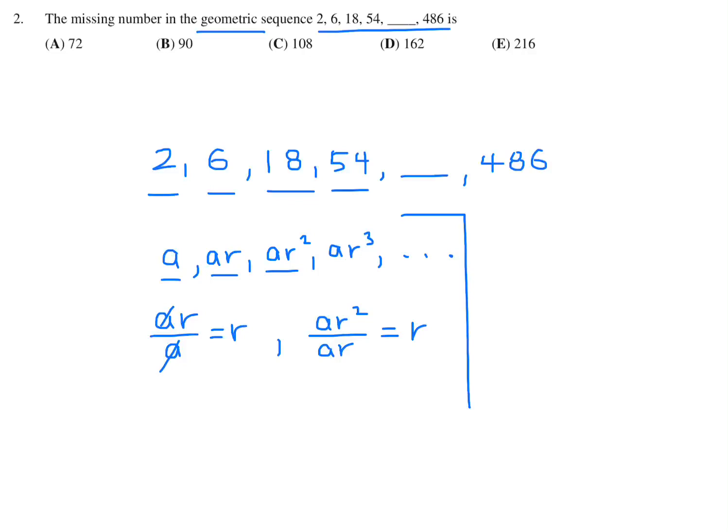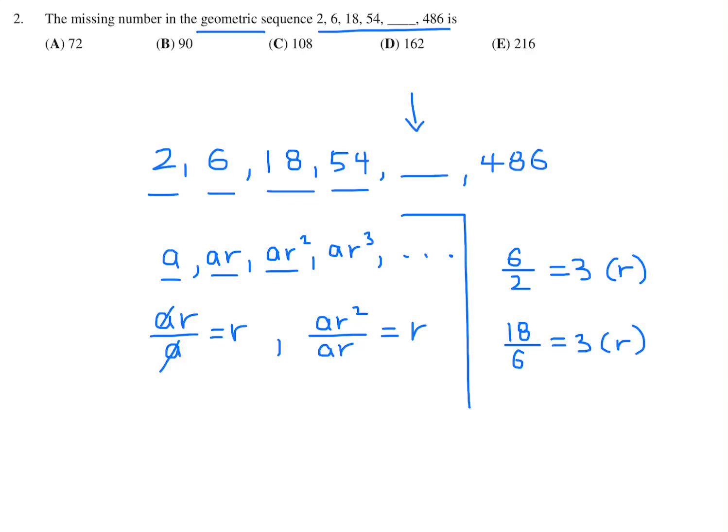Using that principle and the sequence they gave us, we can do the same thing. 6 over 2, which is 3, is our R. And in a very similar way, 18 over 6, which again is 3, is R again. So that's how we figure out this blank.